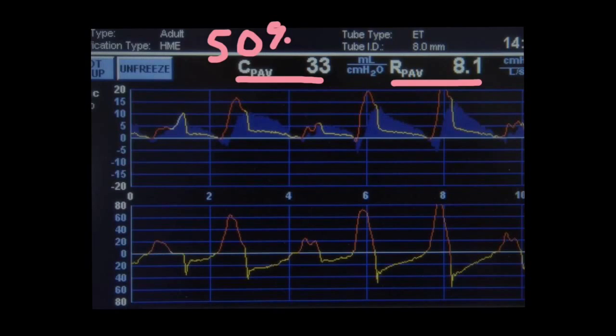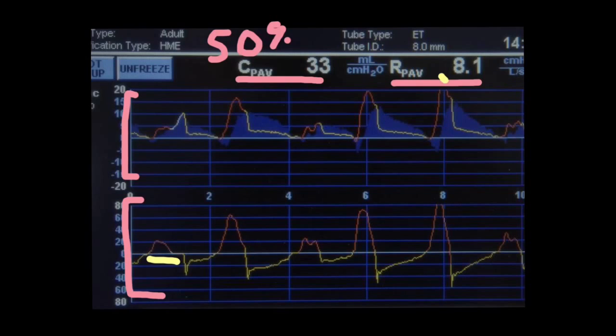If we look at the waveforms here, this top portion is my pressure graph, and my bottom portion is the patient's flow rate. As you notice, each breath is different because the patient's drive is different with each breath. So I'll have a different amount of pressure with each breath. Say this first breath here, here's my inspiratory flow rate that creates a certain amount of resistance.